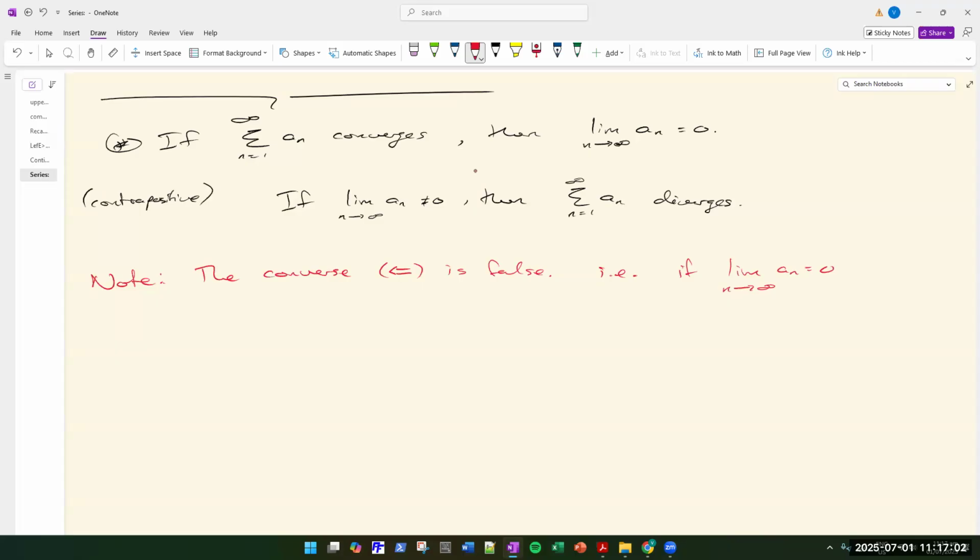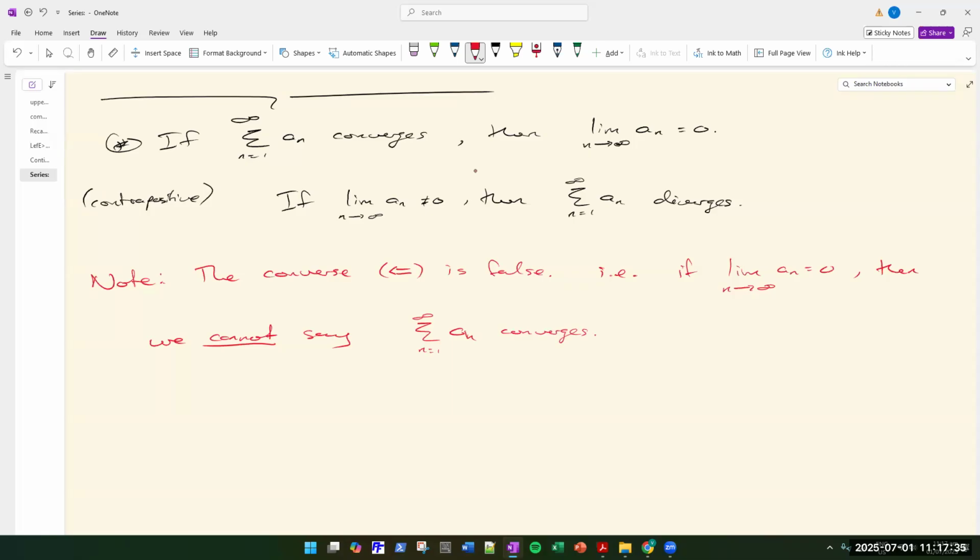If the terms that you are adding together in a series are going to 0 as n goes to infinity, that does not immediately mean the series will converge. So if the terms go to 0, then we cannot say this series converges.